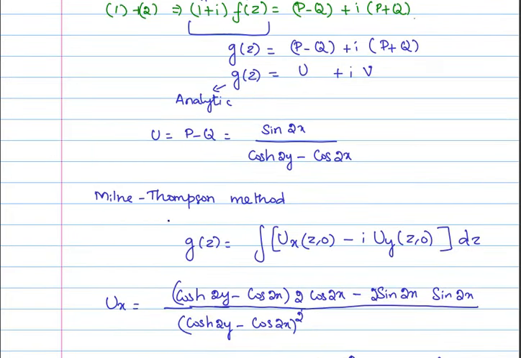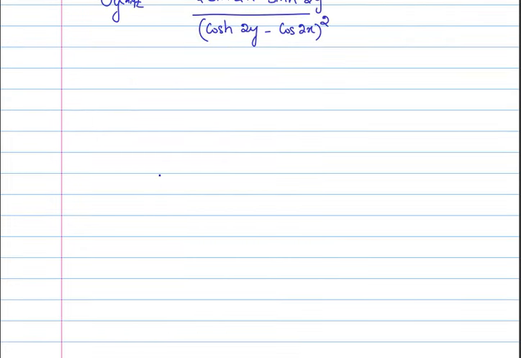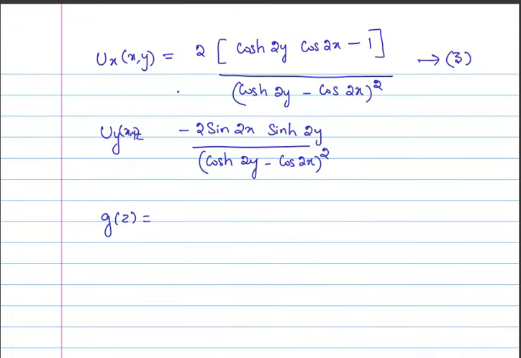Now I go to the Milne-Thomson rule: g of z equals the integral of u_x of (z, 0) and so on. So we put x equal to z and y equal to 0. From equation 3, u_x of (z, 0): you put y equal to 0, so cosh 0 is 1.